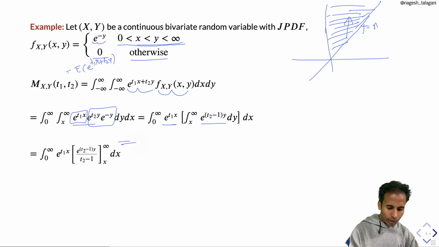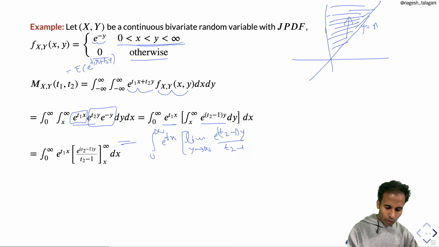So this is going to be integral 0 to infinity e power t1x, now the limit y tends to infinity e power t2 minus 1 y by t2 minus 1 minus at x e power t2 minus 1 x by t2 minus 1 dx.